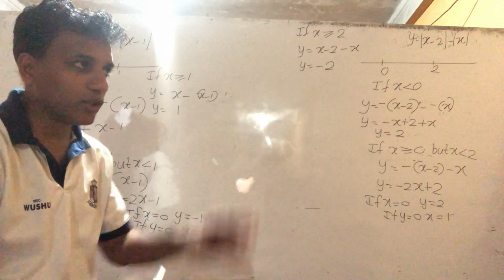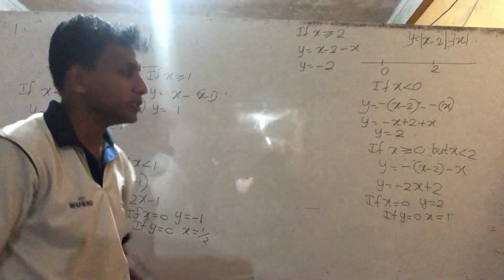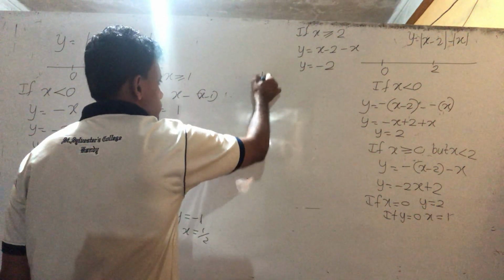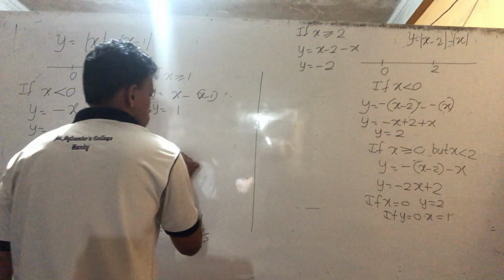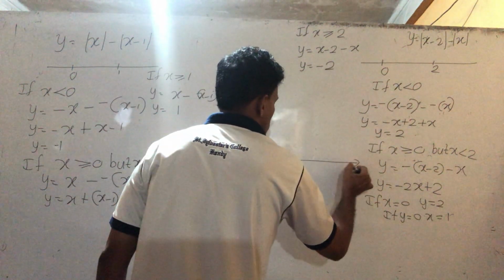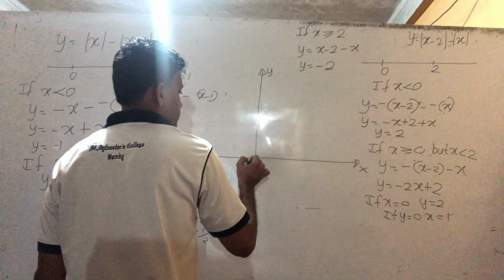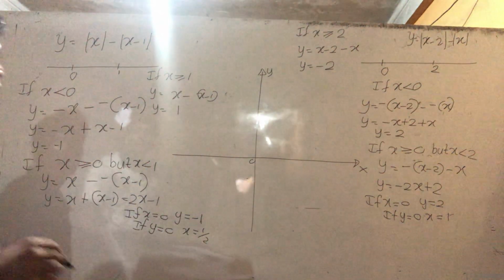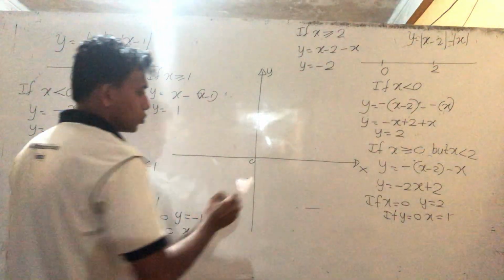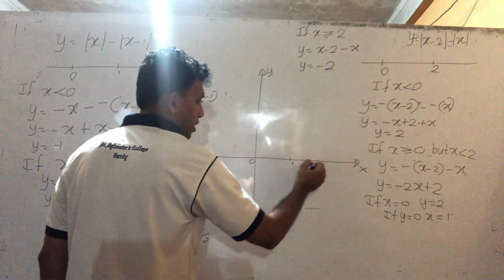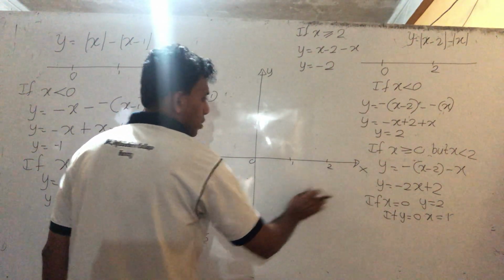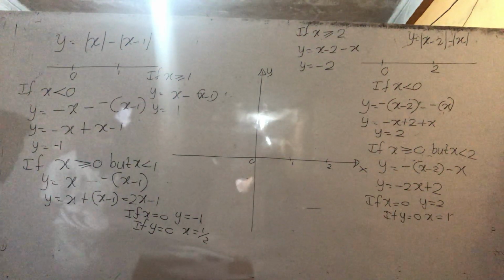Now roughly prepare a coordinate axis and plot this. X-axis, y-axis, origin. The boundary values we need are 0 to 1, 0 to 2. So I mark here 1, here 2. Okay, no minus side, right?